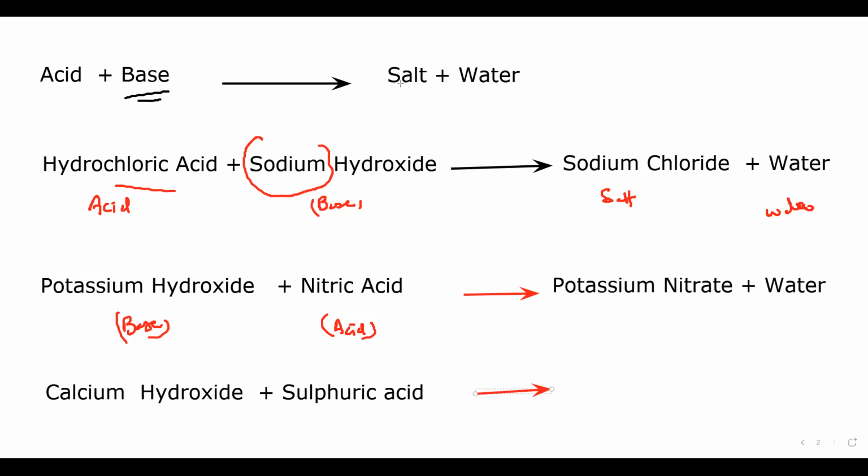So that's right, Abdullah. It is calcium sulfate plus water. So this is the first characteristic of the base. Number one, that whenever a base is reacting with an acid, this will result in the formation of salt and water.